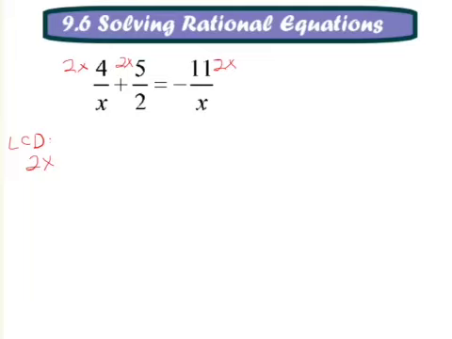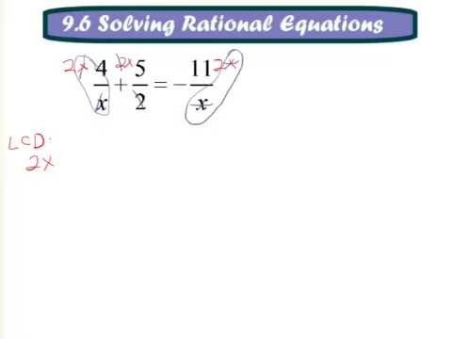Because the lowest common denominator isn't already in every single fraction yet, only certain parts are going to cancel. So in the first fraction, the x's will cancel. In the second fraction, just the 2's will cancel. And in the third one, the x's will cancel.